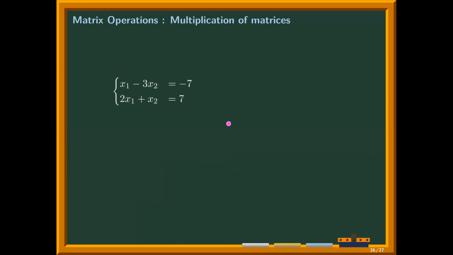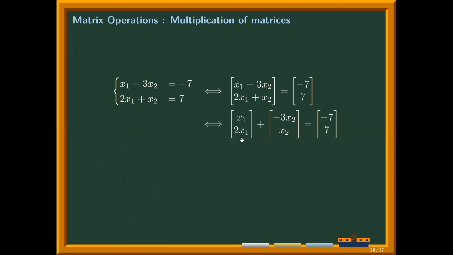Earlier, we saw these representations in terms of matrices for this system of linear equations. You can write it as a matrix equality, and then one side can be written as a matrix sum, and you can simplify it further as a sum of 2 scalar multiples of 2 vectors.